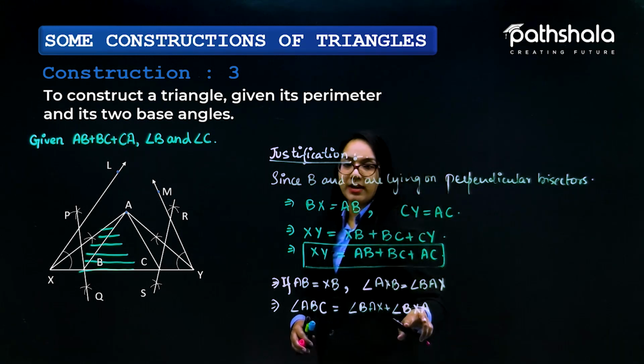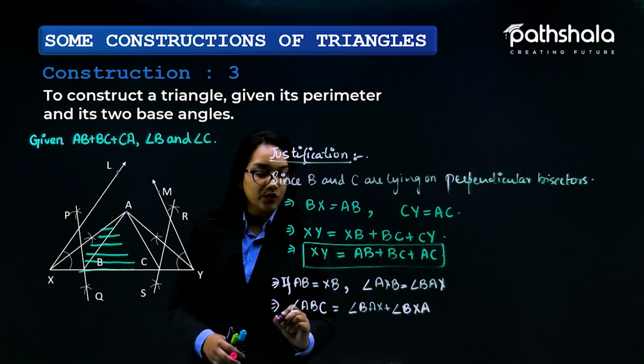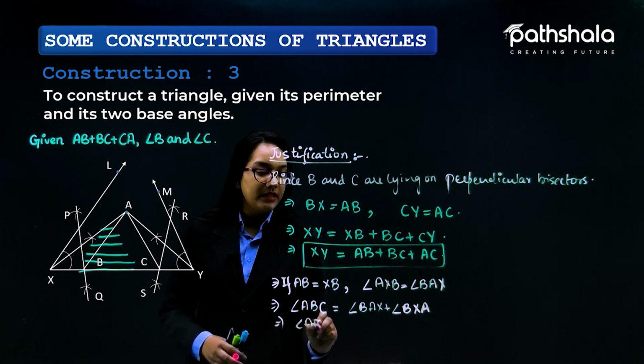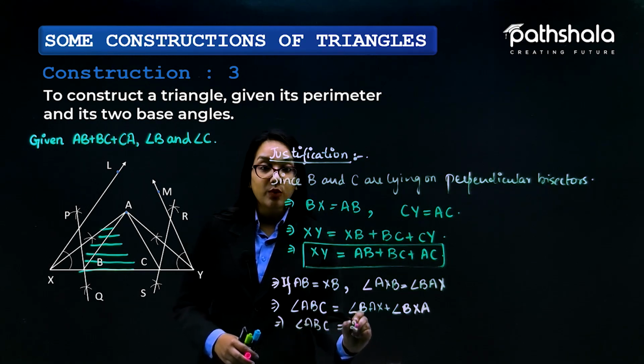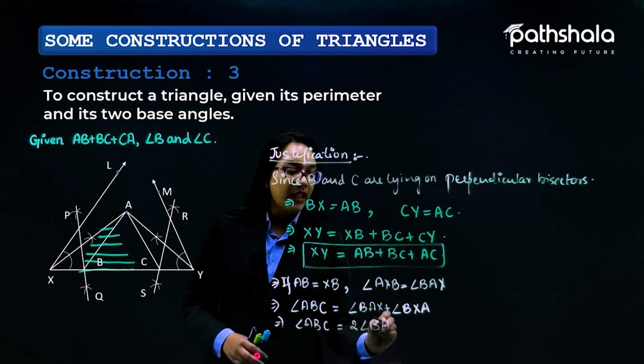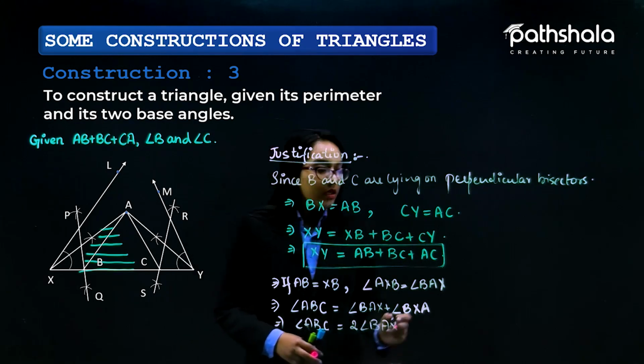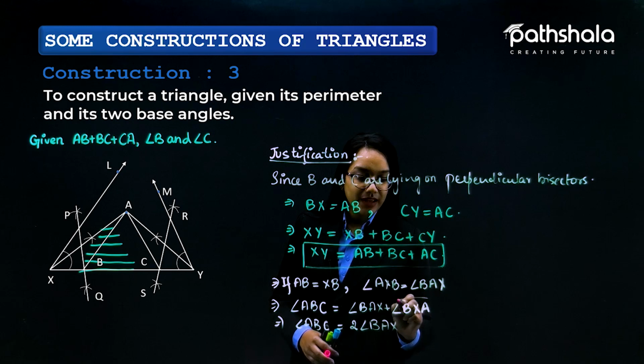But as we know that both of these angles are equal to each other, we can write the angle ABC as equal to twice the angle BAX. We can write it in this formation because we know that the BXA angle is the same as that of BAX.